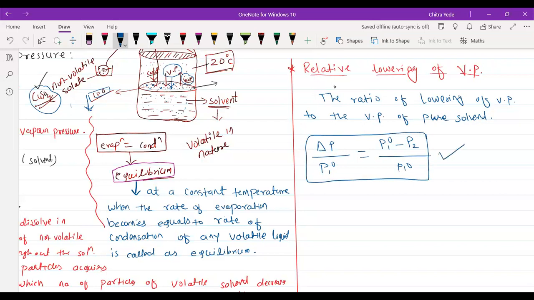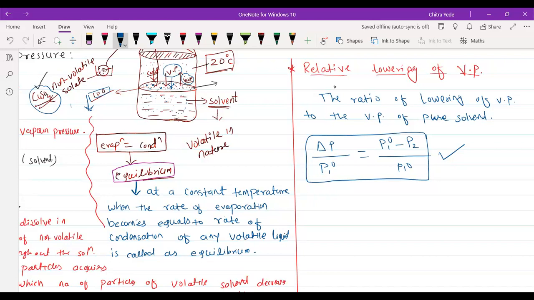Any doubt here? Okay. So now how do we calculate the molar mass of the solute that we are going to dissolve there?